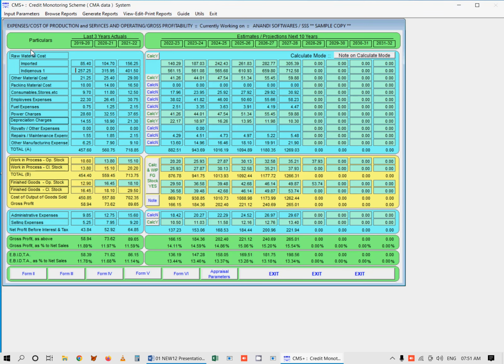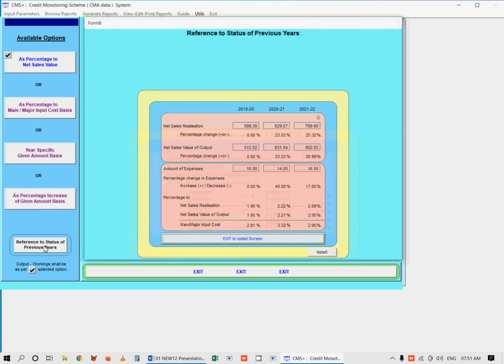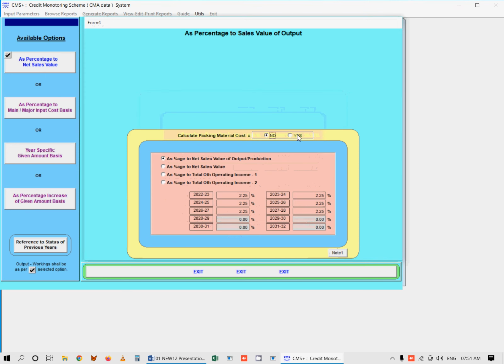Moving ahead to packing material or other material cost. We could see here that it is ranging somewhere near 3% in reference to raw material cost, 2.10% in reference to net sale value of output, 2.15% to net sale value, etc. As under the first option, we will choose the appropriate option among these four and soon complete the input.